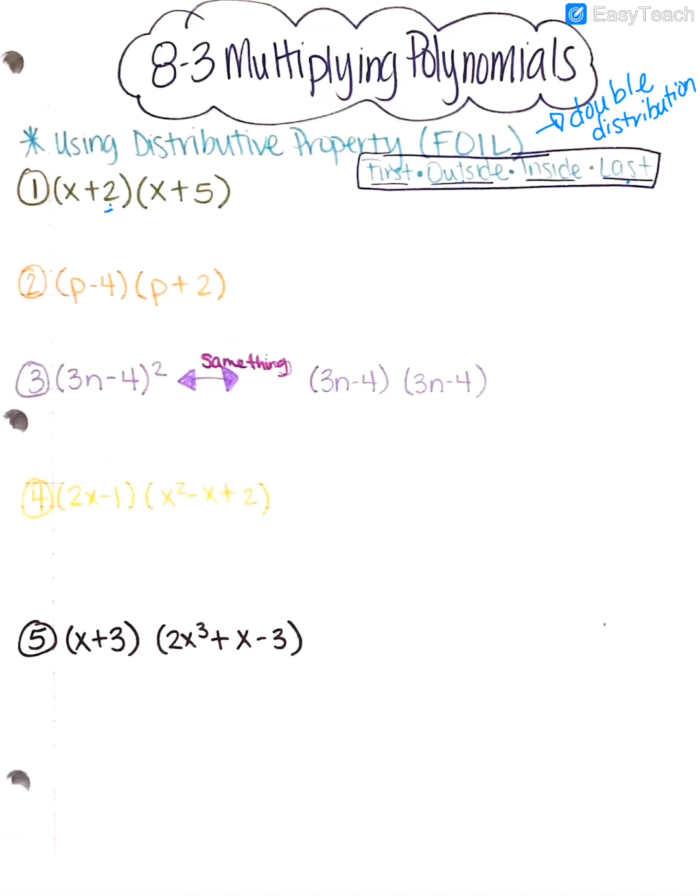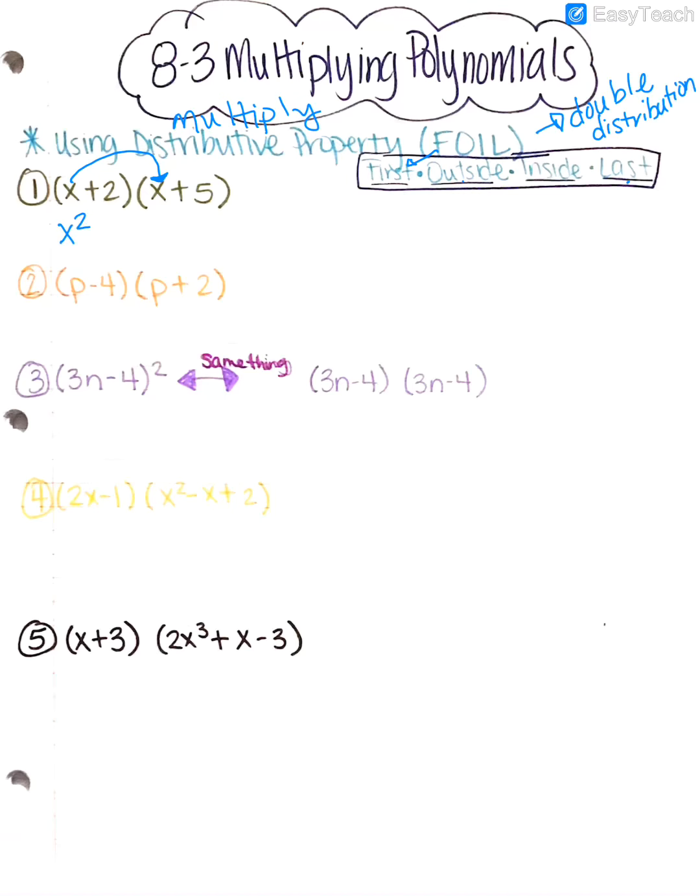So we can go ahead and check number 1, just so you can see how FOIL is used. We're going to start by multiplying. Again, keep in mind that distributing means multiplying. Once we distribute, we multiply. So we're going to do the first numbers on both sets of parentheses. That's what the F stands for, first. So x times x, it's x squared.